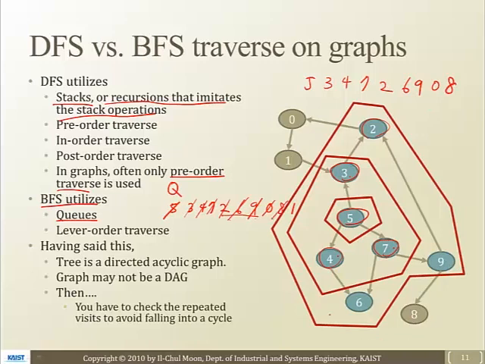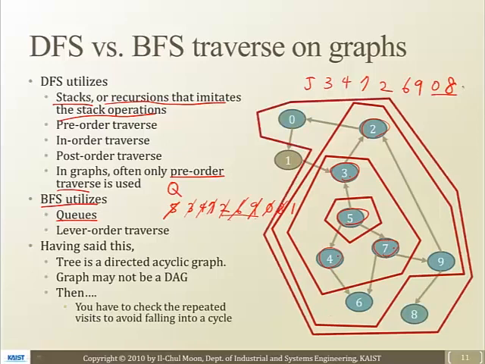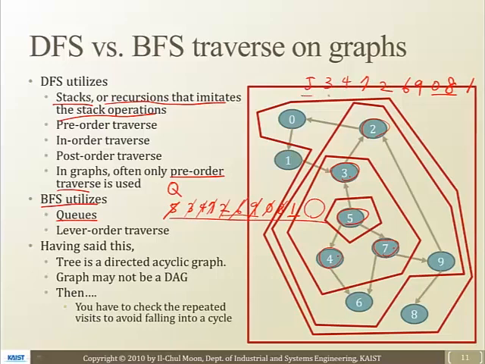So that's the end, right? So we put out 0 and 8. And finally, 1 is being here, and then when we dequeue it, 1 being put out, and there is no further to enqueue, and queue is empty, so the traversing ends. So that's how we do the breadth first search. That's being called level order traversing.